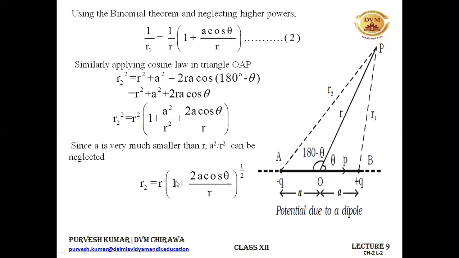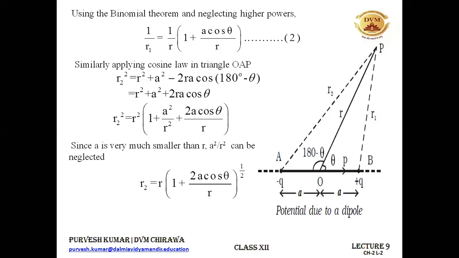And again, we need to apply the binomial theorem. So when we'll be applying the binomial theorem, 1 plus x to the power n can be written as 1 plus nx. You need to multiply this complete term 2A cos theta by R with half. When you are multiplying it with half, this 2 gets cancelled out with this 2, and you are left with only 1 plus A cos theta by R. All right, that's what you are left with.